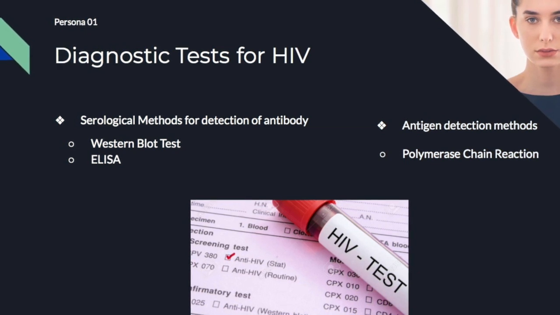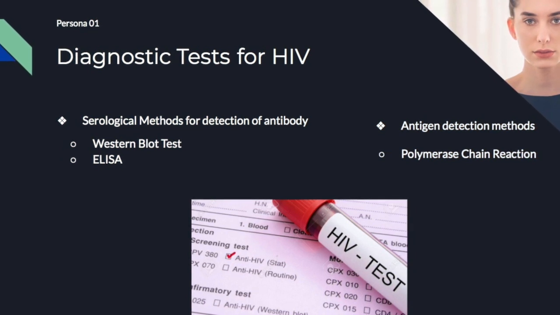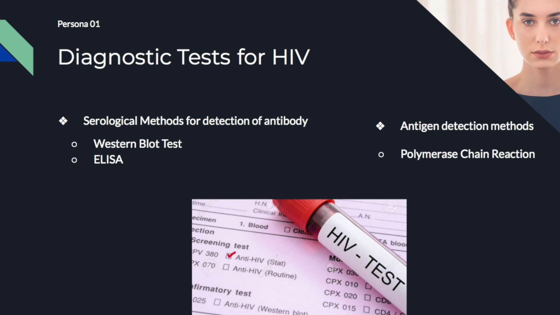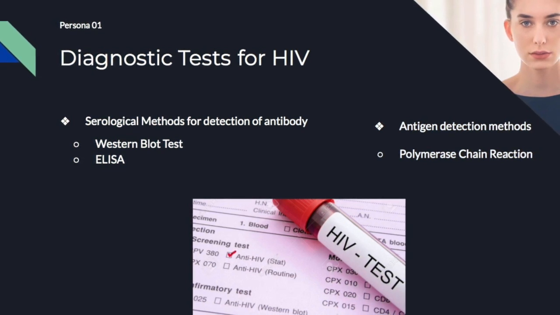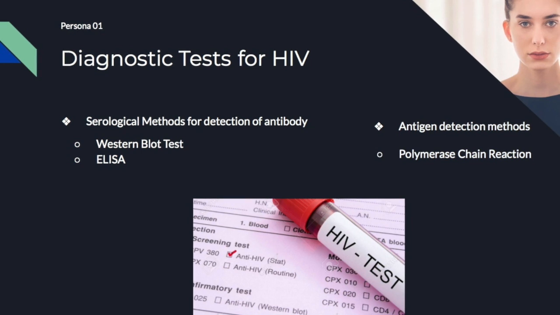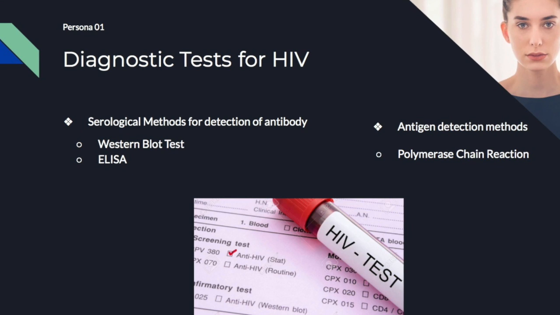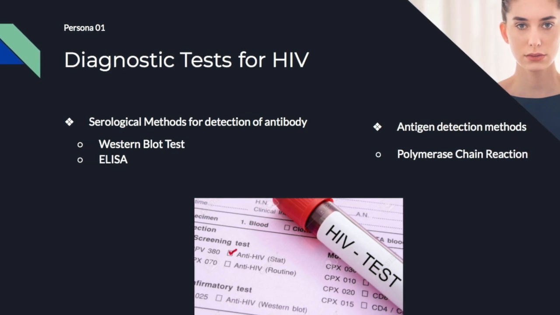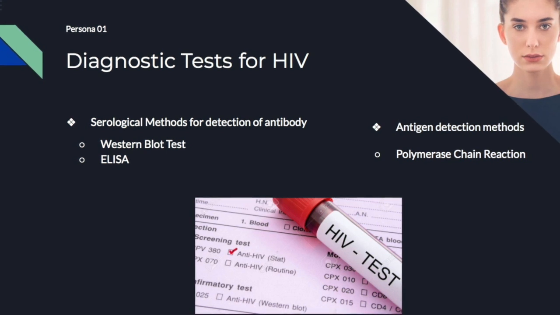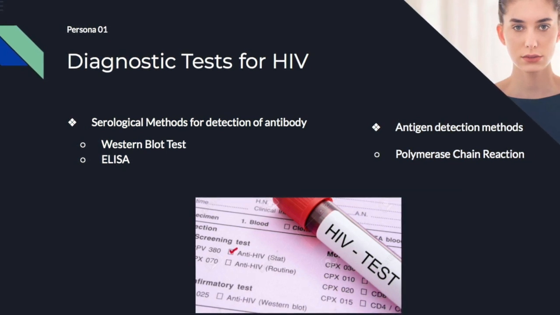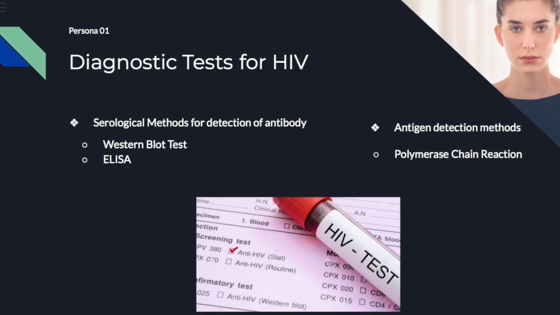So ELISA is a pretty common way to test for HIV. How it works is that there are antigens coated at the bottom of the well, and then the sample is placed into the well, and specific antibodies are going to bind to the antigen. If these antibodies bind to the antigen, it will cause a different color to be produced, indicating that these antibodies are indeed present.